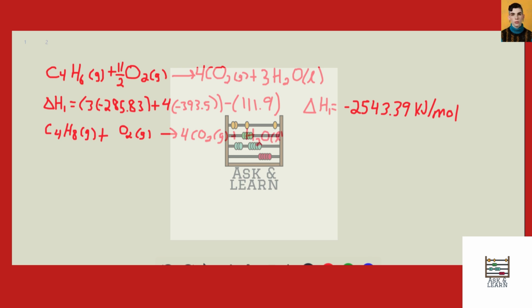We have 8 hydrogens on the left, so we're going to have 4 in front of the water. That means we have 8 oxygens here, and then we got 4 more over here, so we have to add a 6 in front of the O2. 6 times 2 is 12.